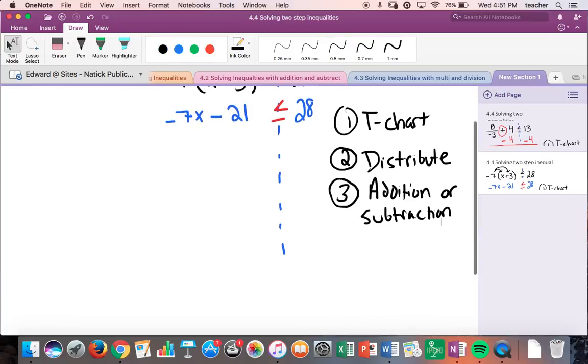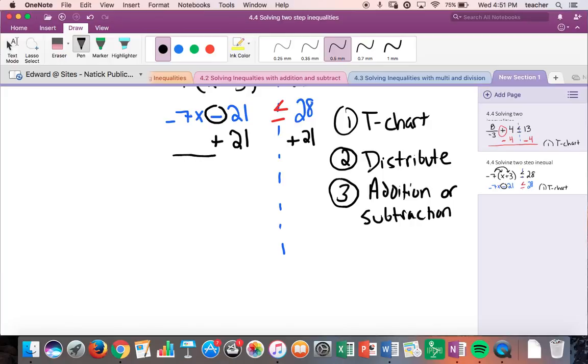We notice that here is my subtraction sign. So identify the operation as subtraction, so the opposite operation is addition. And then we say to ourselves, okay, what number can I add to -21 to make it 0? And hopefully we're all thinking positive 21, because that's what I was thinking.